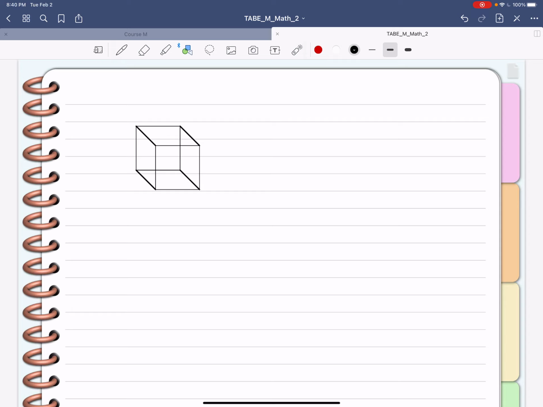So this cube, it tells me in the problem, is 2 centimeters. So that means that all dimensions are 2 centimeters. And I'm going to resize this if it will allow me to. It does. So that is sitting on top of a rectangular prism.